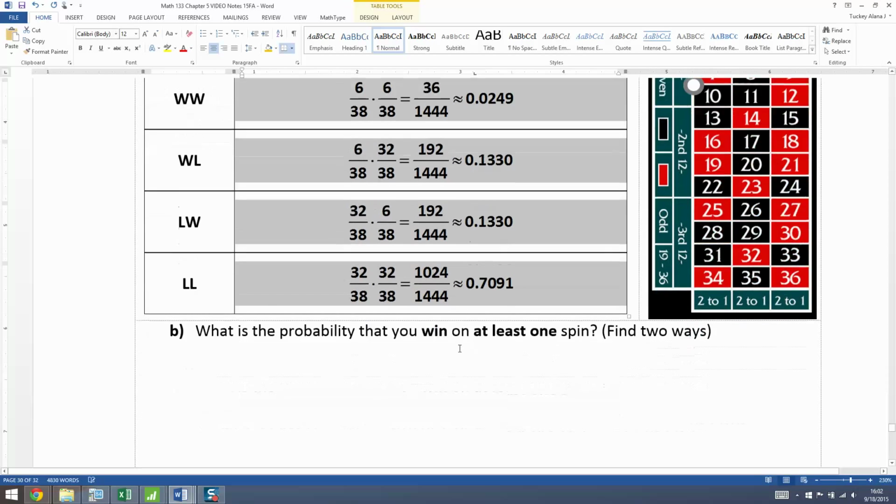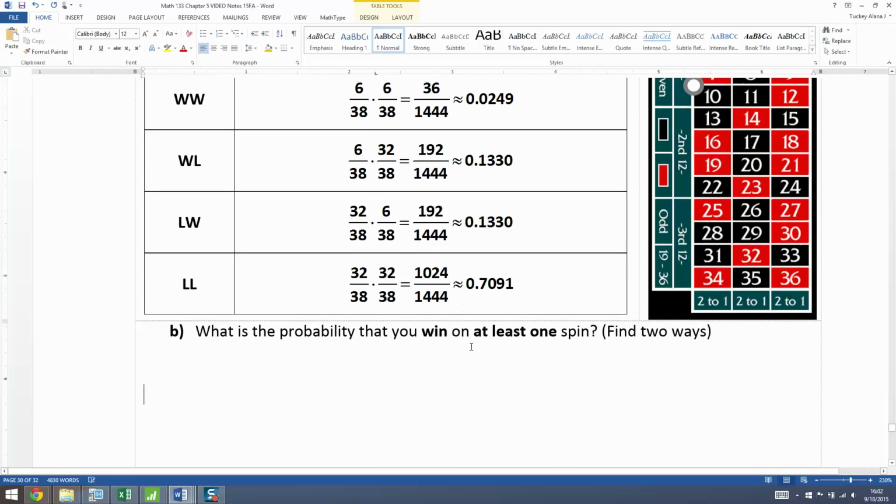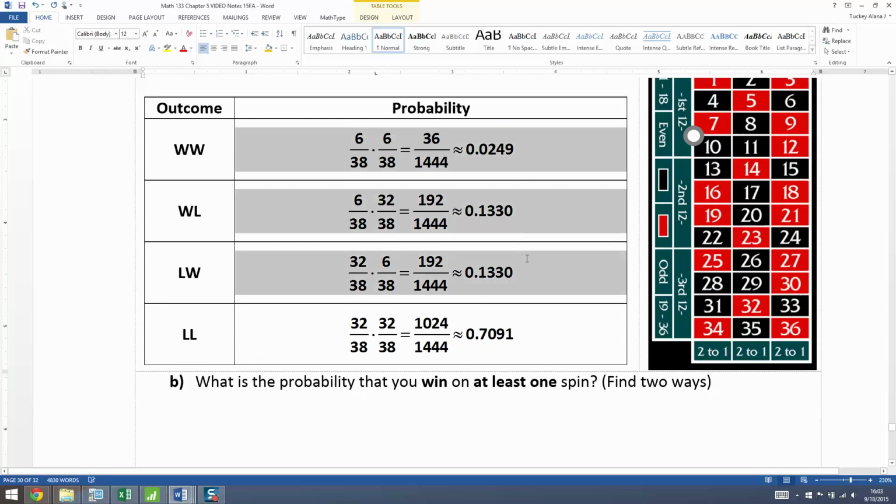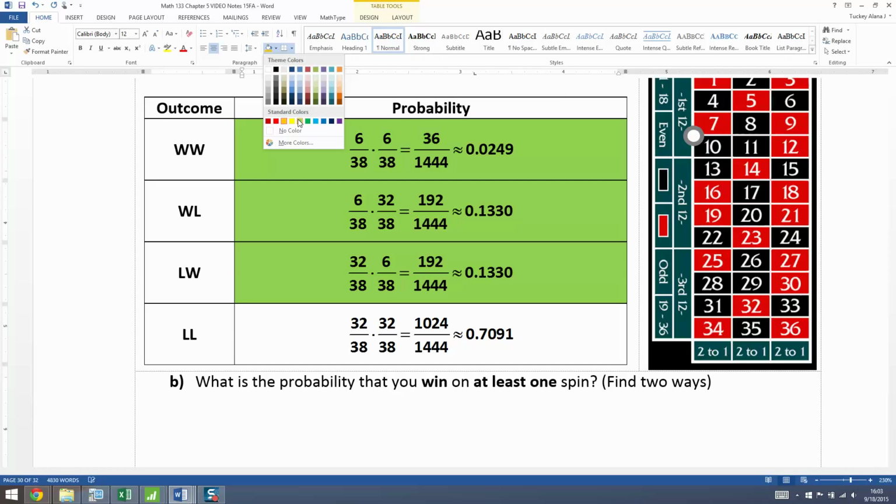Okay, so now what's the probability that you would win on at least one spin? Winning on at least one spin is these 3 zones right here. Let me highlight them in green for money.